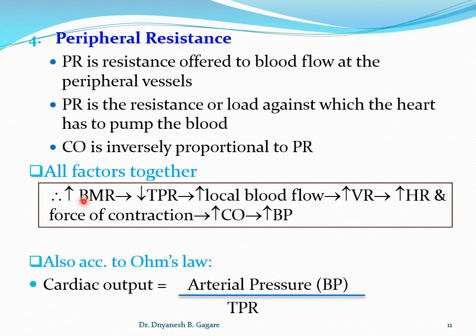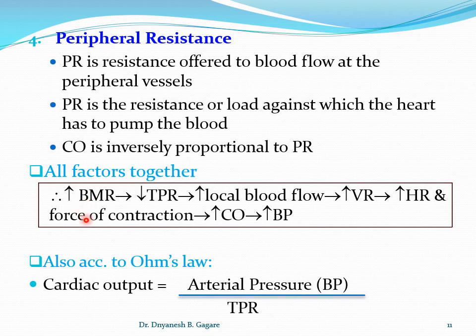See, the sentence is very important. So which factor is the primary determinant of cardiac output? The basal metabolic rate is the primary determinant of cardiac output. Try to understand how.